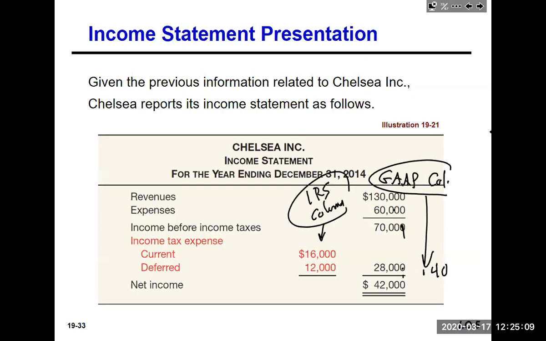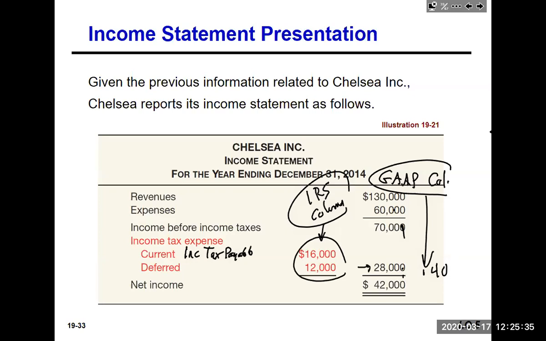But we need to account for what's going on with the IRS. That's where this must equal that. All you're doing is breaking that out. Well, what does current and deferred mean? Current, and I'm almost hesitant to do this, but in reality, it's income tax payable. Right, 16,000. Back up to those other slides and you'll see that.